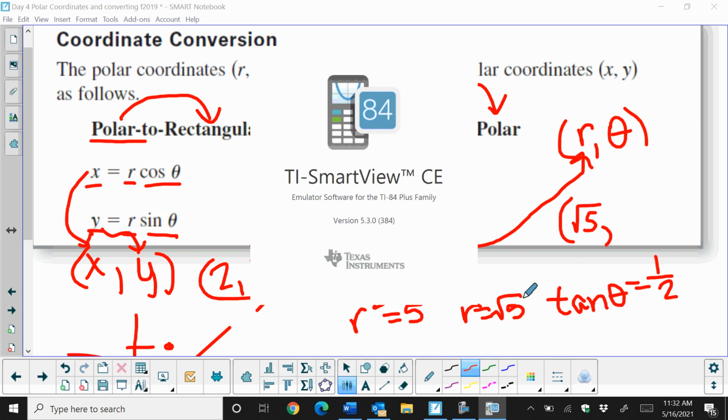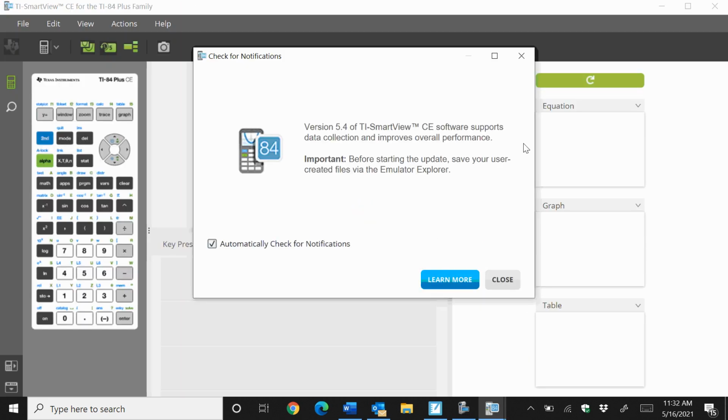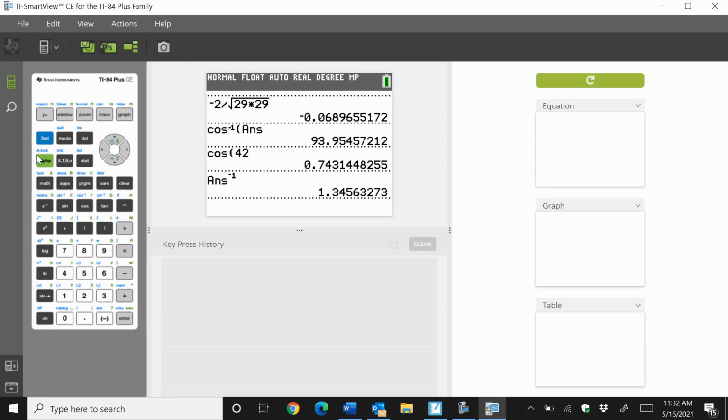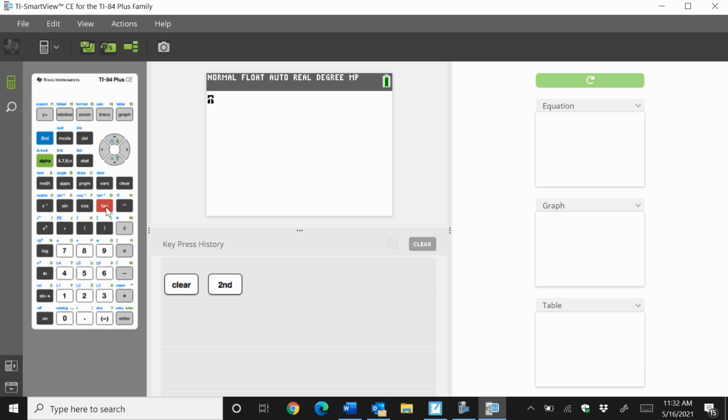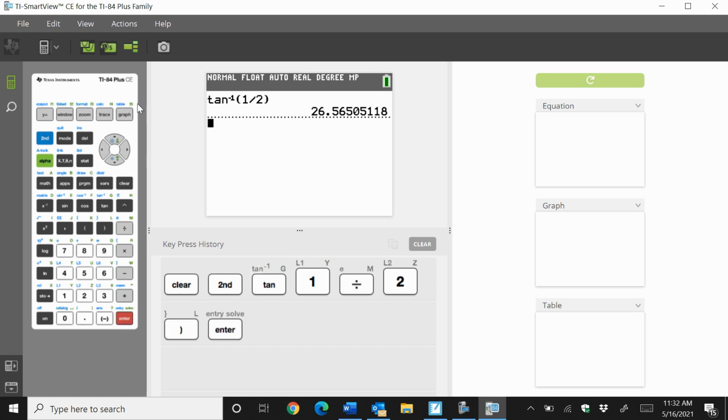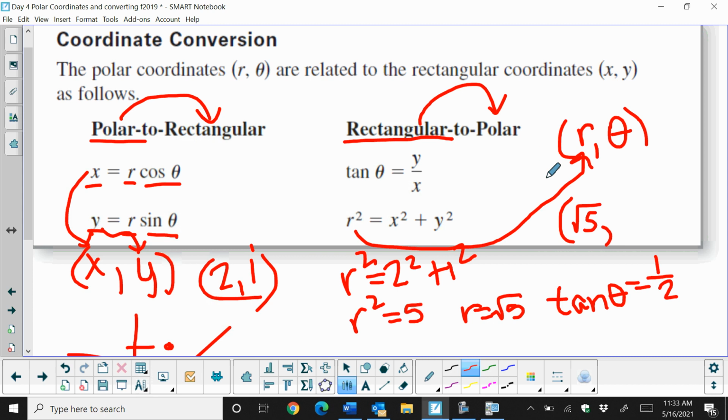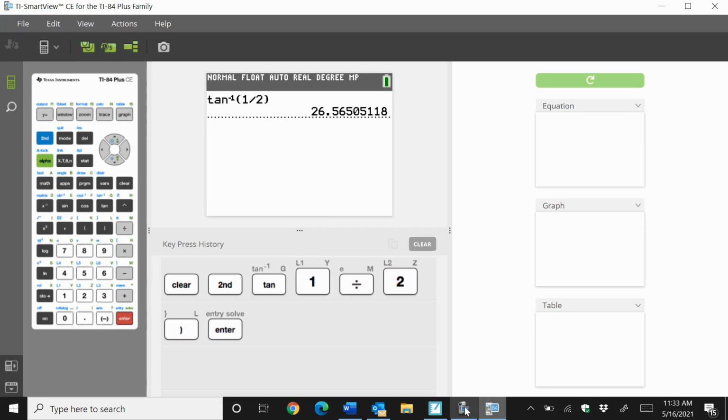Now this one's not on the unit circle, and that's fine. It doesn't have to be on the unit circle. So let's take the inverse tangent of 1/2, and we can find out what this rotation is going to be, and it's 26.6 degrees. So I would have 26.6 degrees as my rotational angle.